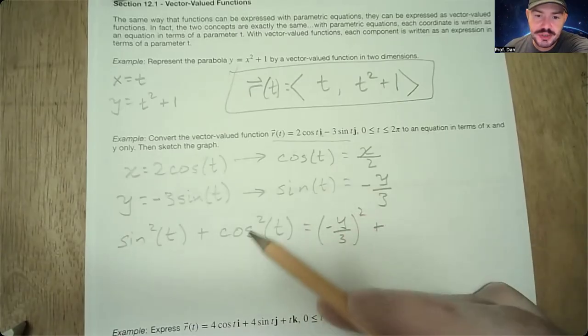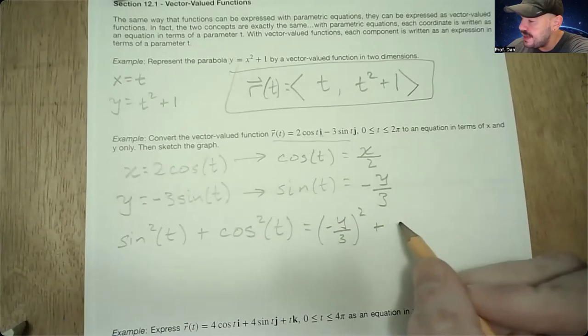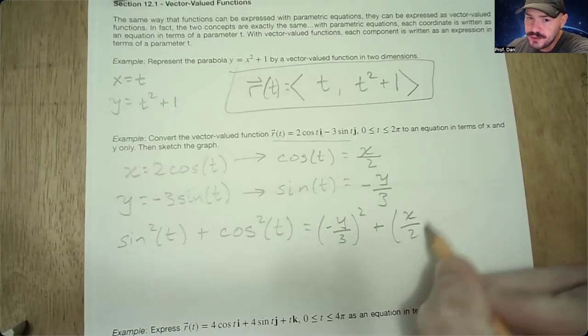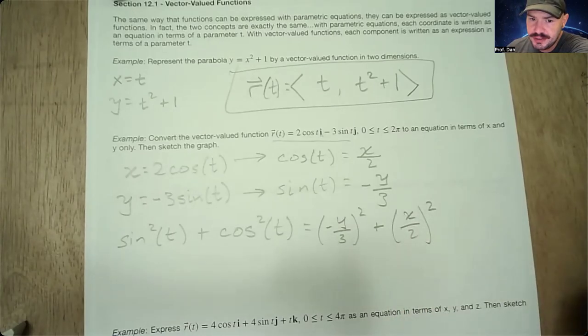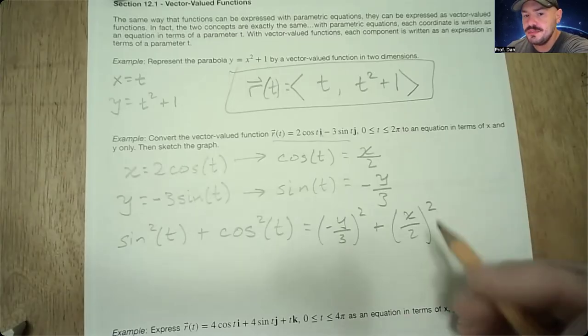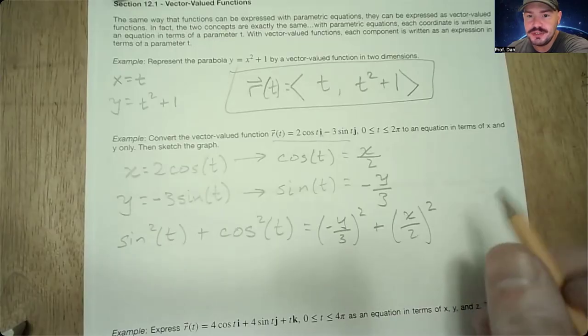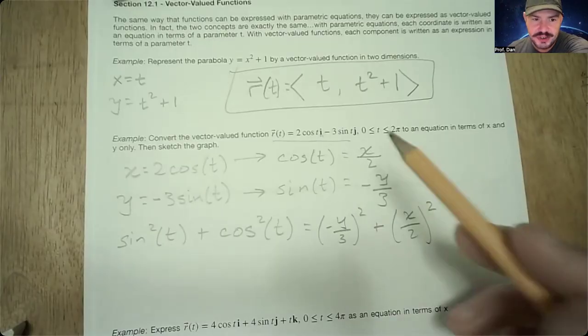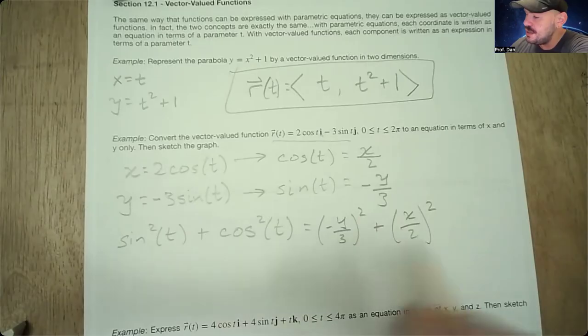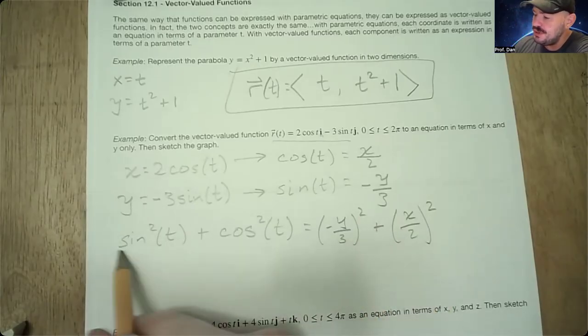And I can express cosine squared of t as x over 2 squared. So to make this an equation that I will definitely be able to recognize because I do have to graph this one, I'm going to rewrite that.